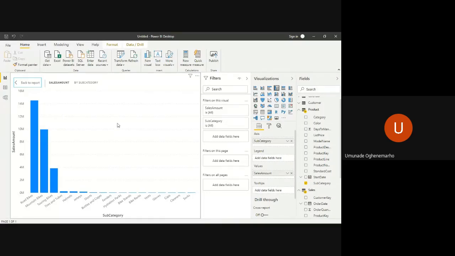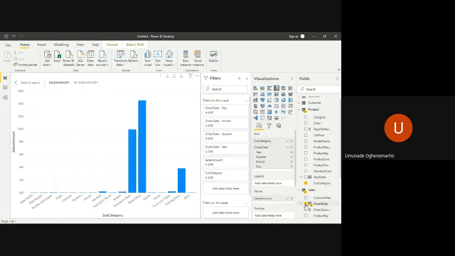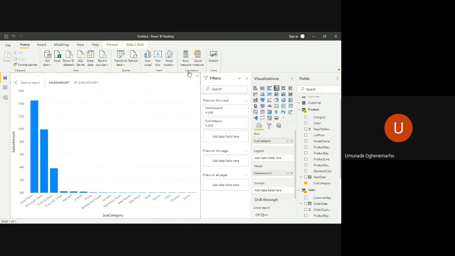So what happens when I put in something like order date? And I want to sort it by, let me sort it by, okay, I can even remove the order date and leave it just as subcategory. Then sort it by the sales.